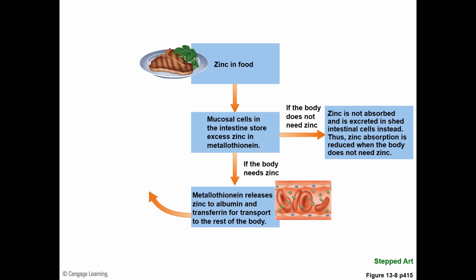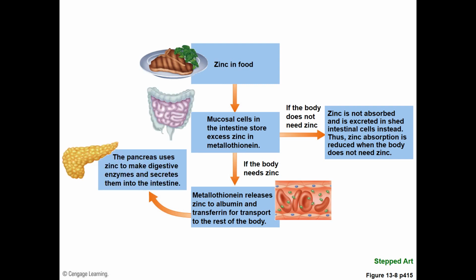Now, after that, what can also happen is it can make its way to the pancreas. The reason that it can go to the pancreas is because the pancreas is where zinc plays a really important role in the digestion process. If you remember, we said that the pancreas makes digestive enzymes, digestive juices, and it actually needs zinc to do that.